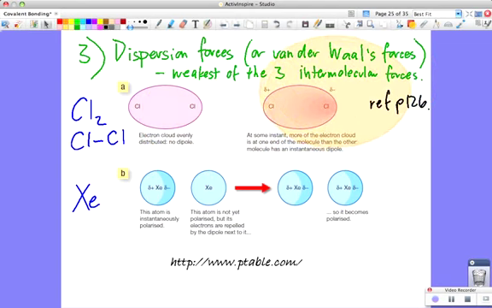Okay, and they're random in their movement in many ways. And at any one time, there's slightly shaded. I don't know if you can see that when I highlight it. It probably hides it. But on the right-hand side, there's more of a density of electrons at one point than on the left-hand side. And very briefly, that side will be delta minus. Okay, at some instant, we say that's an instantaneous dipole.